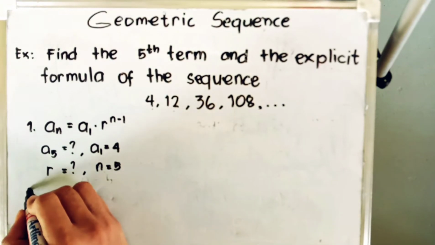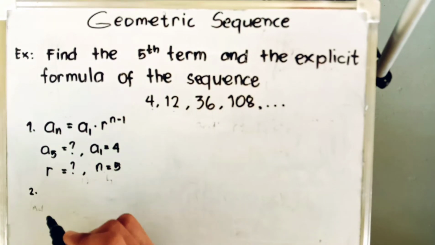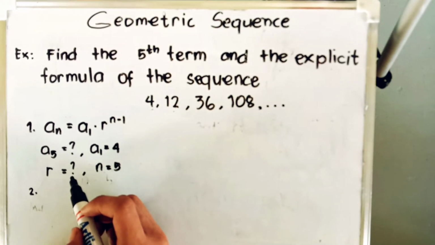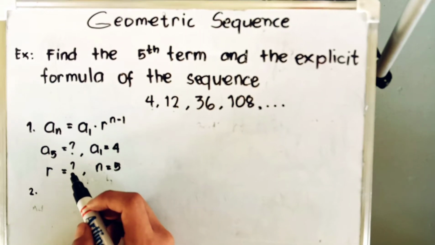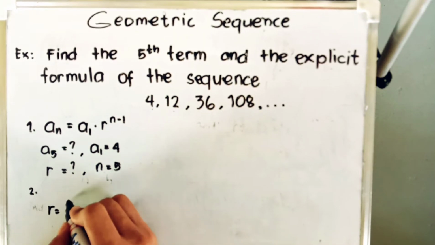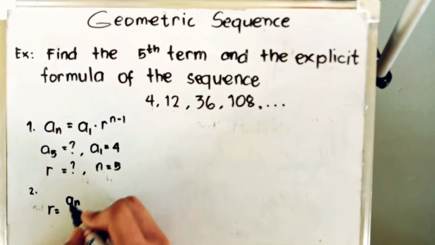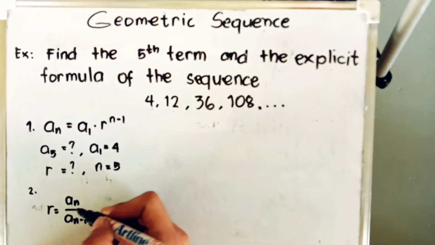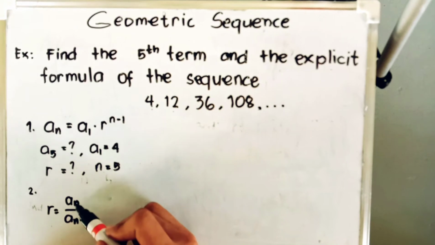The second step is to find the common ratio. So how to find the common ratio? The common ratio is equal to a sub n over a sub n minus 1. That means a sub n is the succeeding term divided by the preceding term.